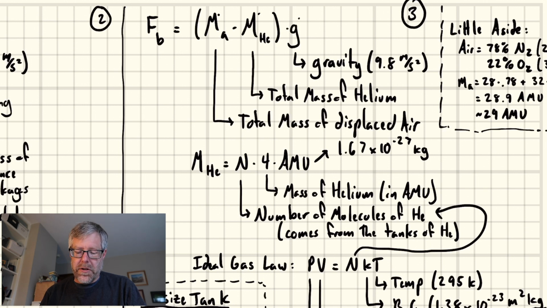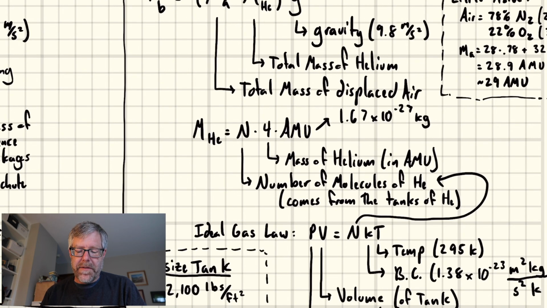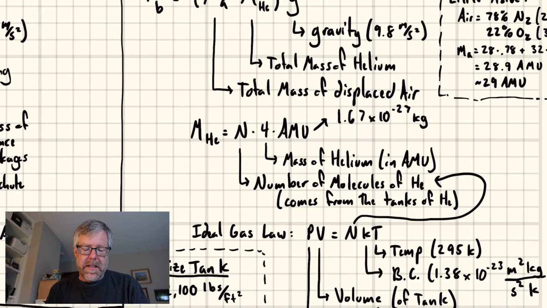Okay, so the mass of the helium is equal to the number of molecules of helium, which comes from the tanks of helium, times the atomic mass of helium, which is 4, times the atomic mass unit. And the atomic mass unit is 1.67 times 10 to the minus 27 kilograms.